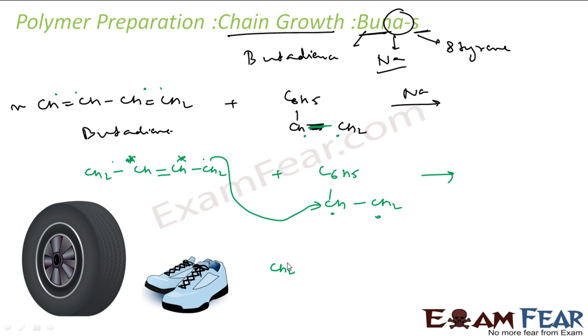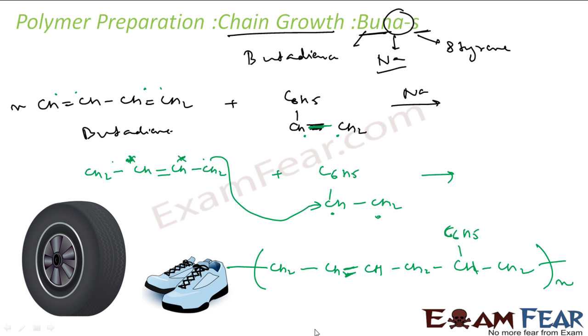So now if you see the overall reaction, what you get is CH2, this is a lone pair, it will form another bond: CH, then double bond, then CH, then single bond CH2, then CH, and here I have C6H5, and then CH2, and this lone pair will form a bond again with something else, and n of these will form this kind of structure. This is the mass.